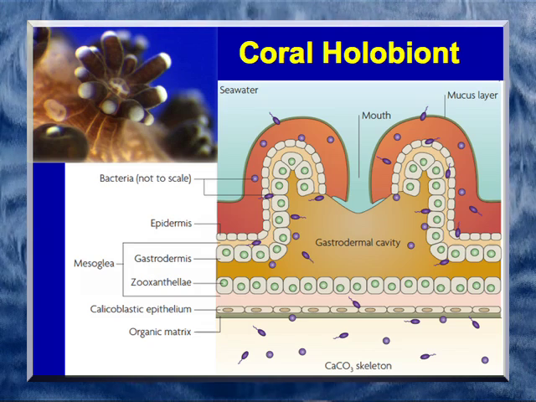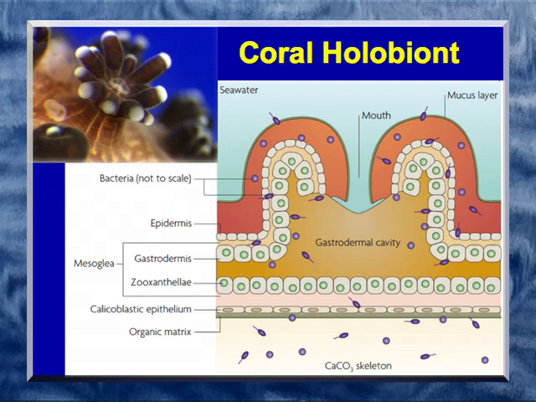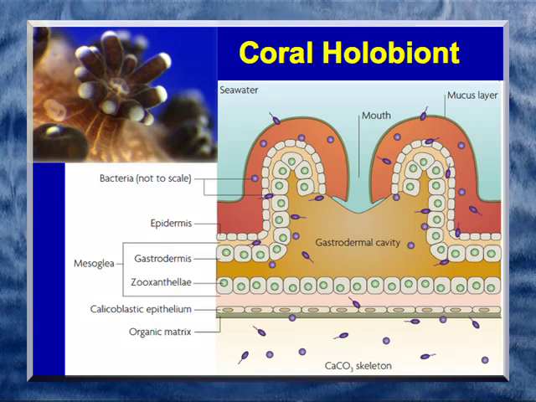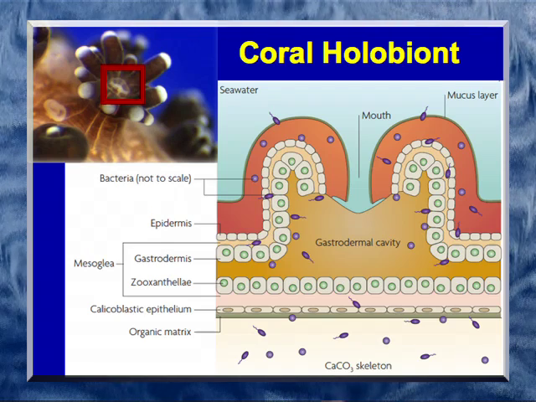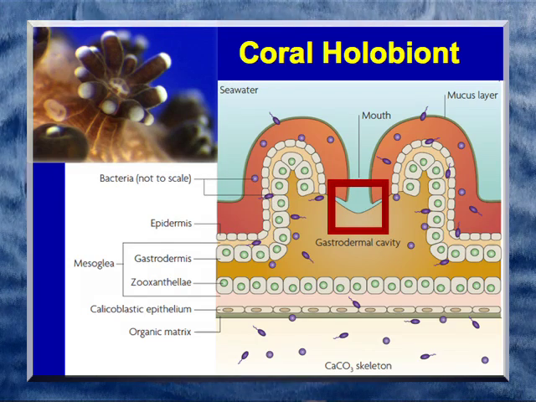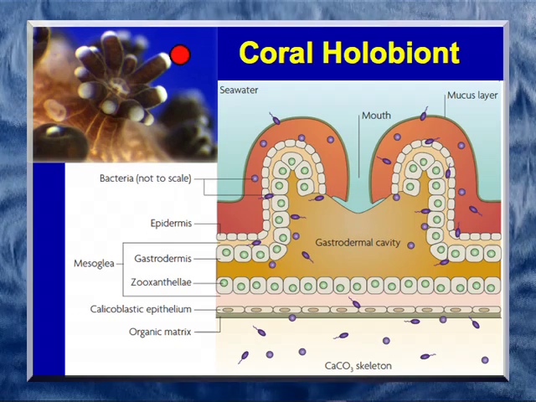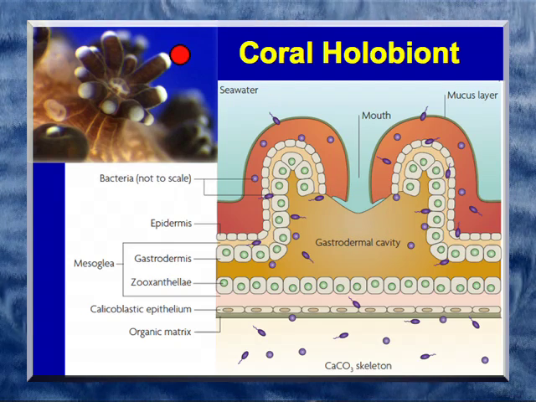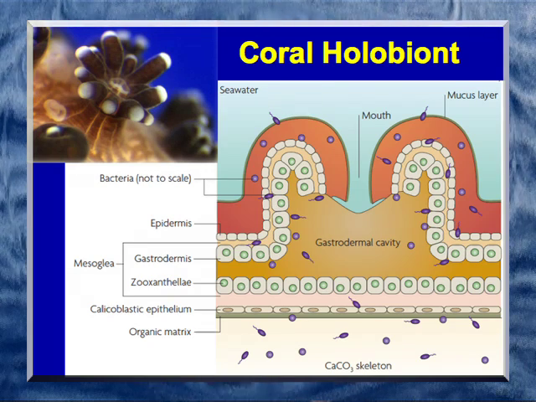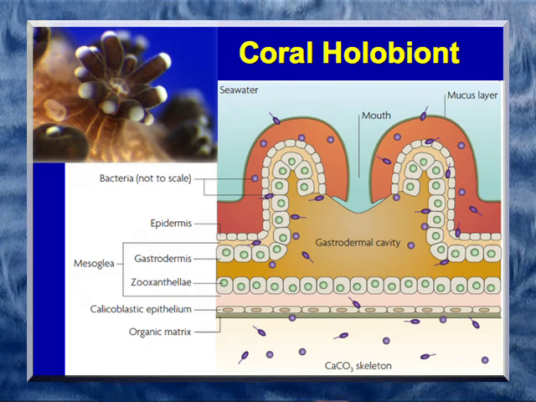Sorry, this is a very rough diagram of a coral polyp, and I put a picture of a polyp up here to help you visualize it. This is a coral mouth with the gastrodermal cavity. Then you see the coral polyps, or tentacles, and this would be the coral tentacle. And underneath it is the skeleton that's produced.